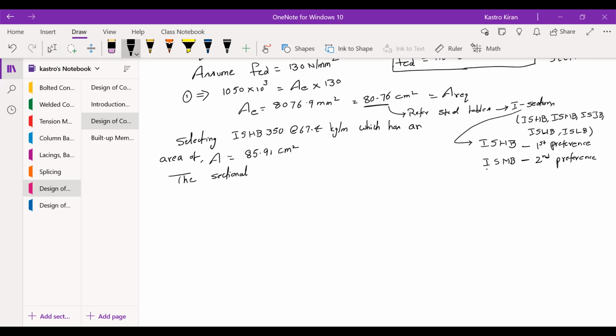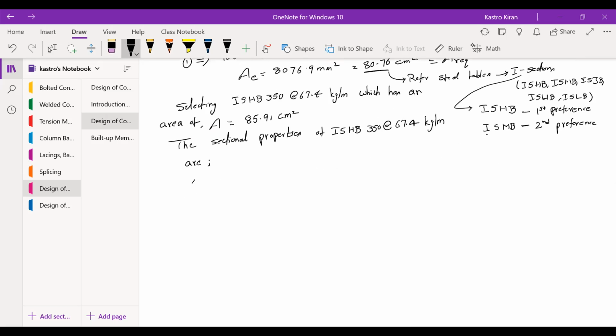Let's also write the sectional properties. For each and every problem, when you are selecting the section, it is mandatory to write the sectional properties. So the sectional properties of ISHB 350 at the rate 67.4 kilogram per meter are as follows.